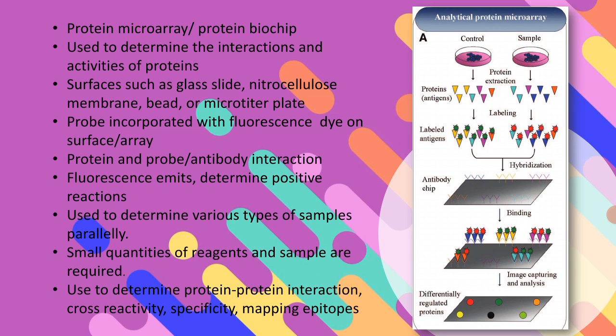Okay, now on these surfaces in the protein microarray, the probe will be incorporated, attached with the fluorescent dye on the surface, so that we are able to detect the presence or the absence of the desired sample, right?